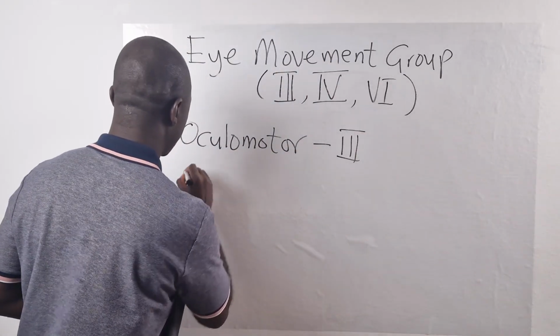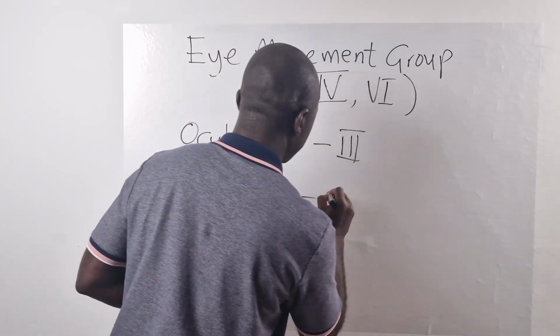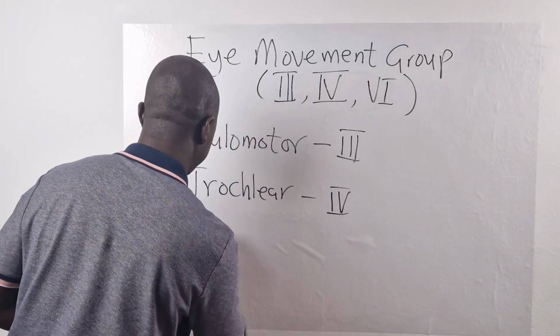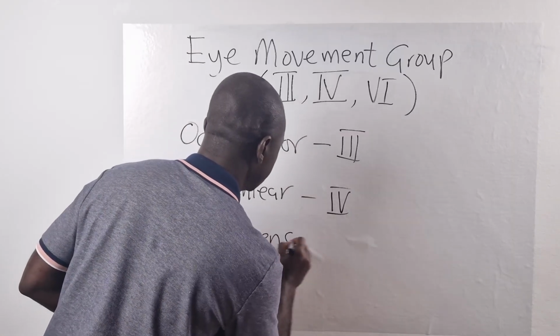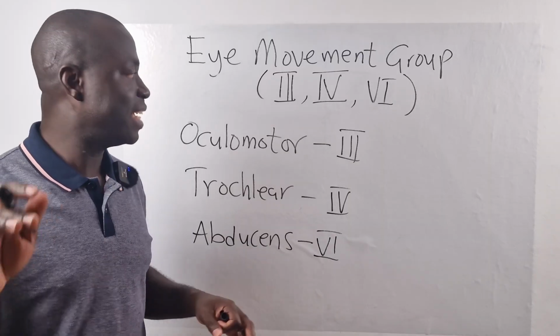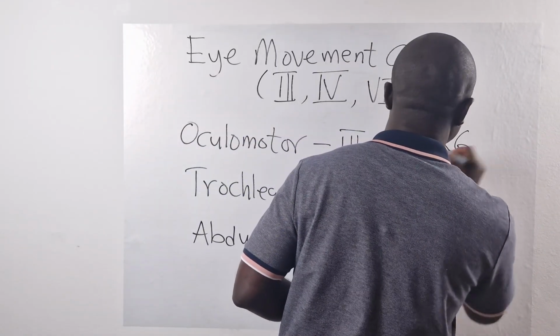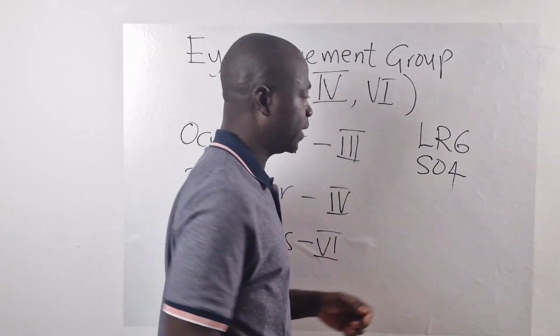We have the trochlear, which is 4. And then we have the abducens, which is cranial nerve 6. There's a useful pattern, and the pattern is LR6, SO4, okay? SO4 like sulfate.